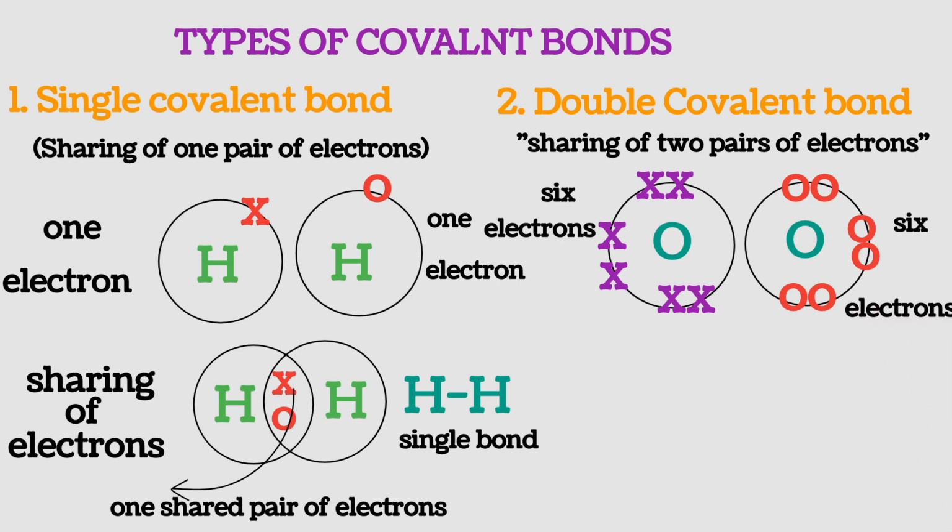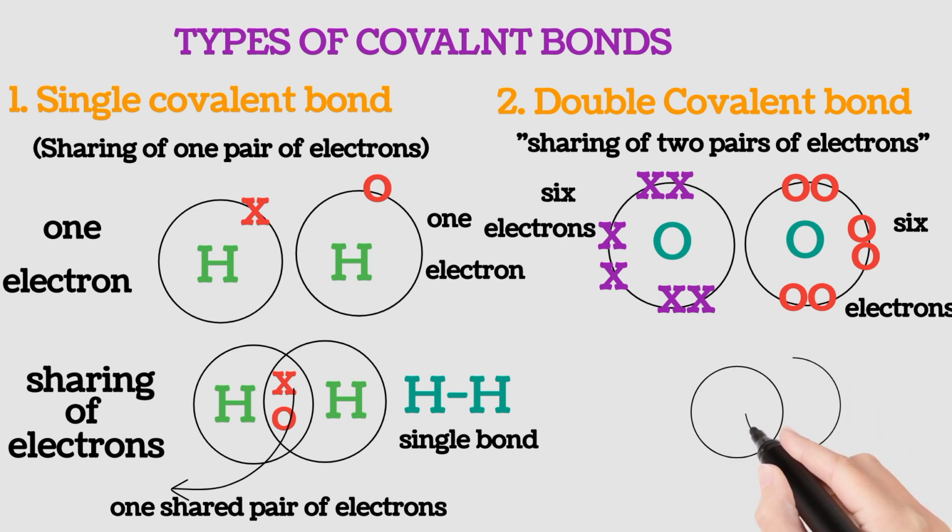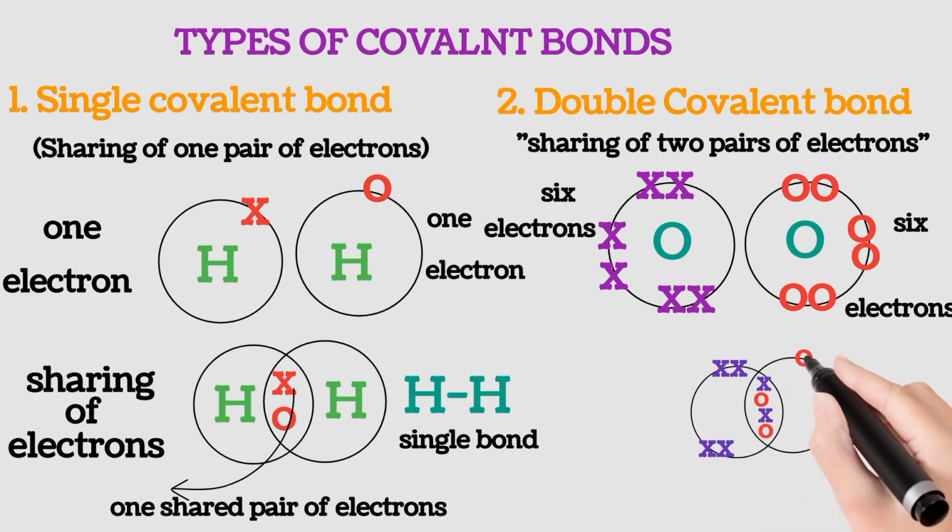Also in the second atom, there are 6 electrons and it needs 2 more electrons to gain what? Stability. They will go into combination by what? Sharing 2 electrons each. Each of them will contribute 2 electrons to form a covalent bond.